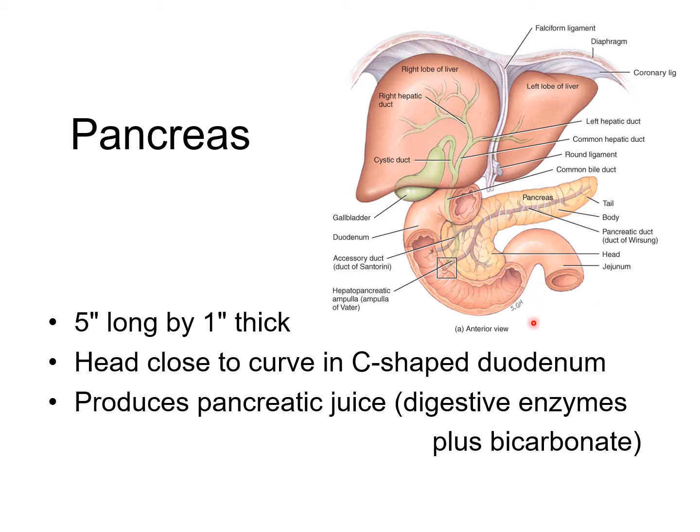We have seen that through its pancreatic islets, the pancreas is producing insulin and glucagon. Those are endocrine functions. Most of the pancreas fulfills an exocrine function, producing pancreatic juice, digestive enzymes, plus bicarbonate, and we mentioned this as an agent of neutralization that will help neutralize the acidic chyme from the stomach.